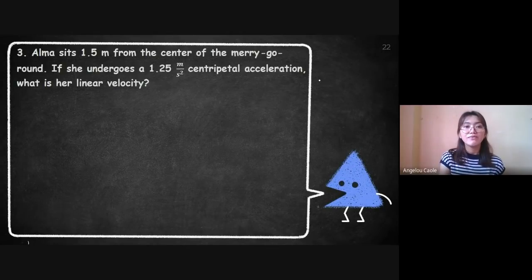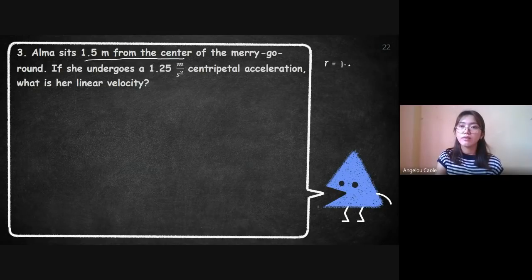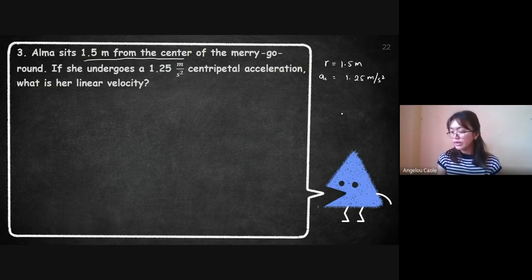We have 1.5 meters from the center, that is the radius. We also have the centripetal acceleration, which is in meters per second squared. And we are looking for the linear velocity.